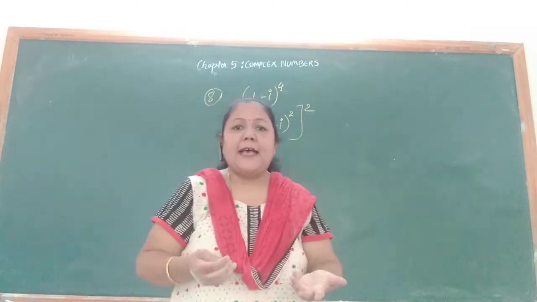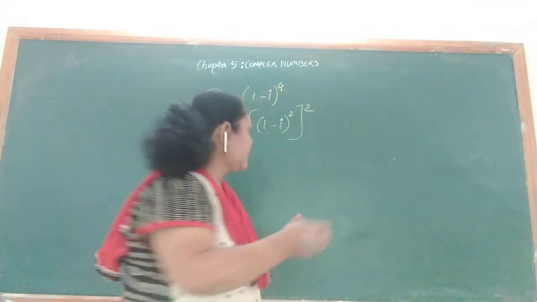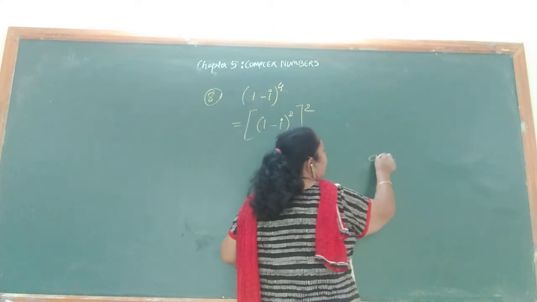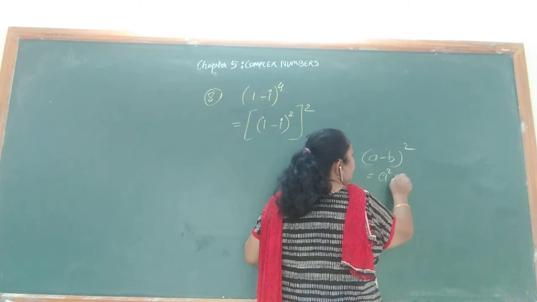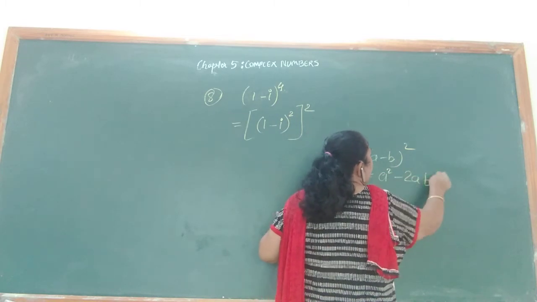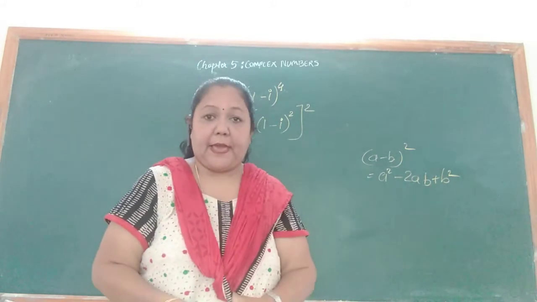Because I know the formula for (a minus b) whole square. Suppose anybody asks me what is (a minus b) whole square, then I know it is a square minus 2ab plus b square. I know how to open a square term.